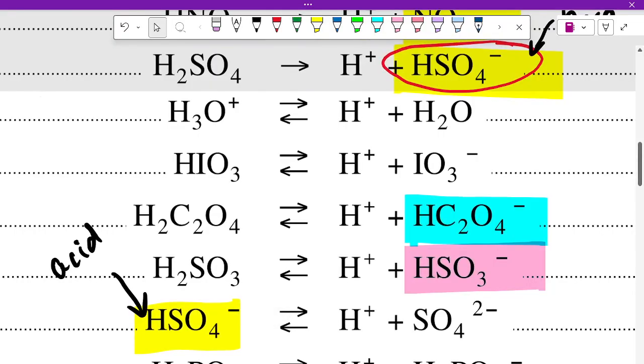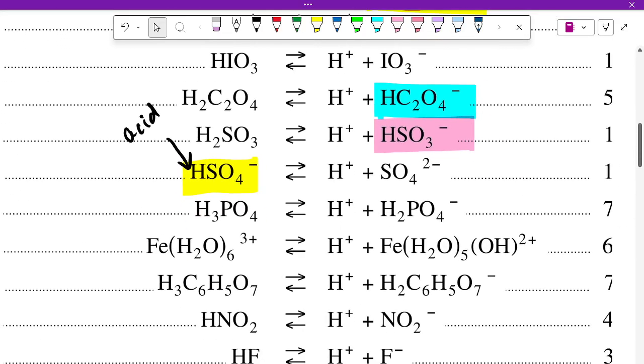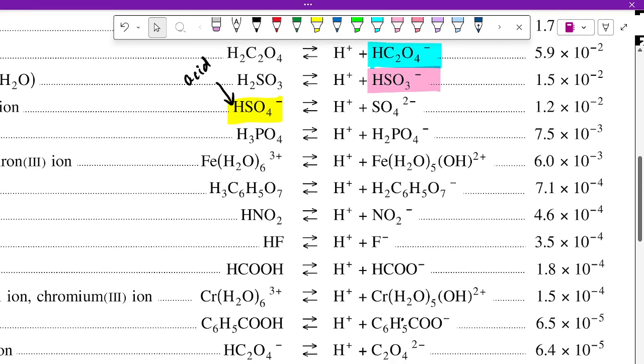Once you find it, you can look up its Ka value. So we're looking for the blue one, but on the left-hand side. Yeah, okay, so we've got it down here, HC2O4, and it is at 6.4 times 10 to the negative 5.